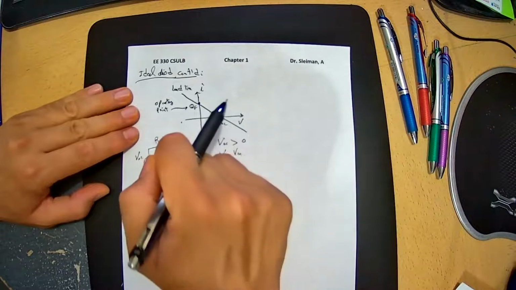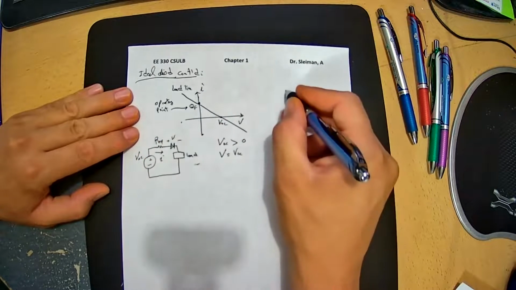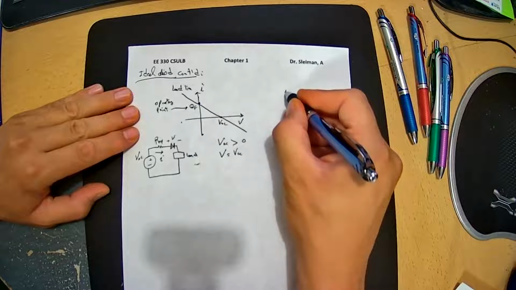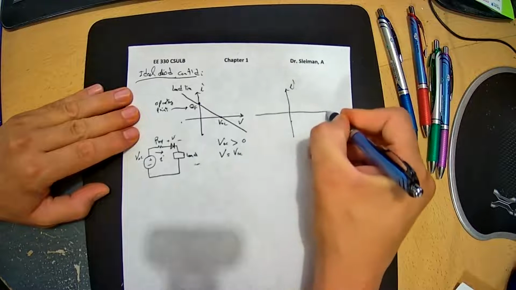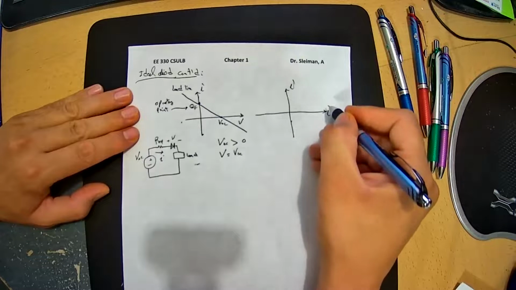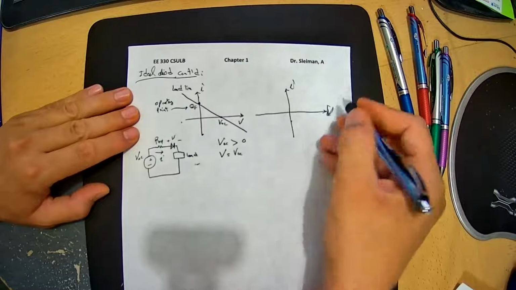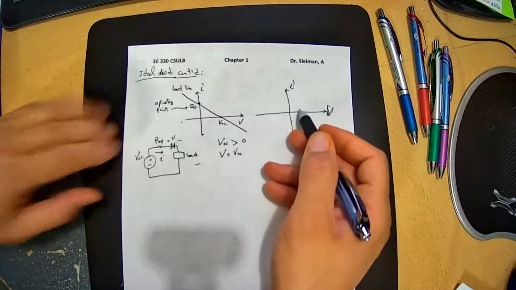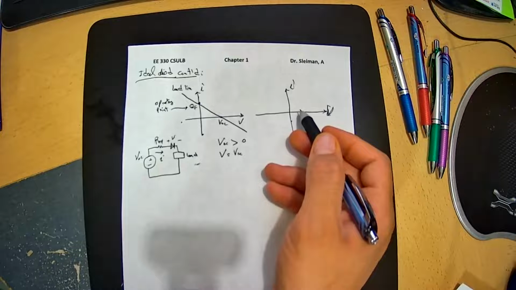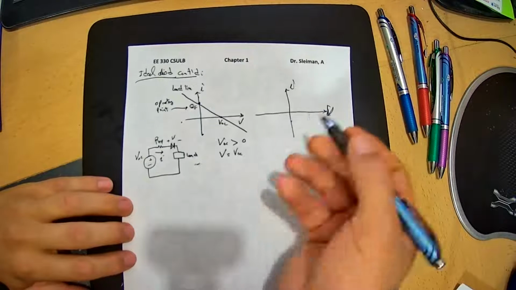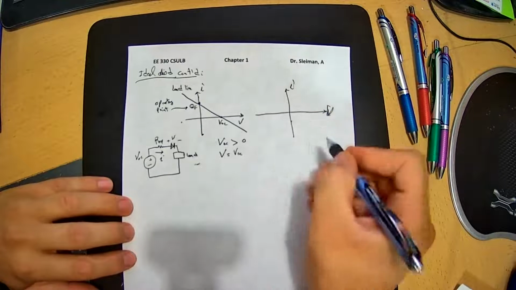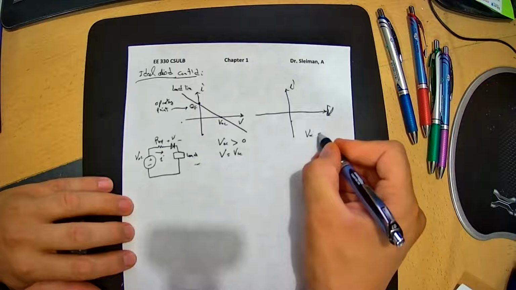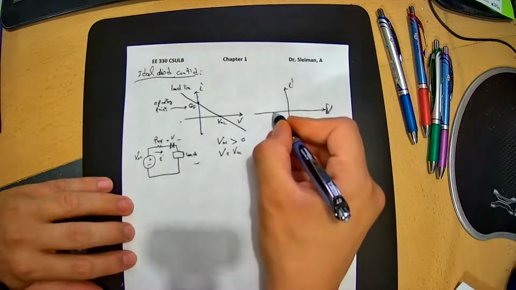If I reverse this, my scenario will be a little bit different. So my voltage, sorry, this is a voltage. Let's say VOC is negative, less than 0.